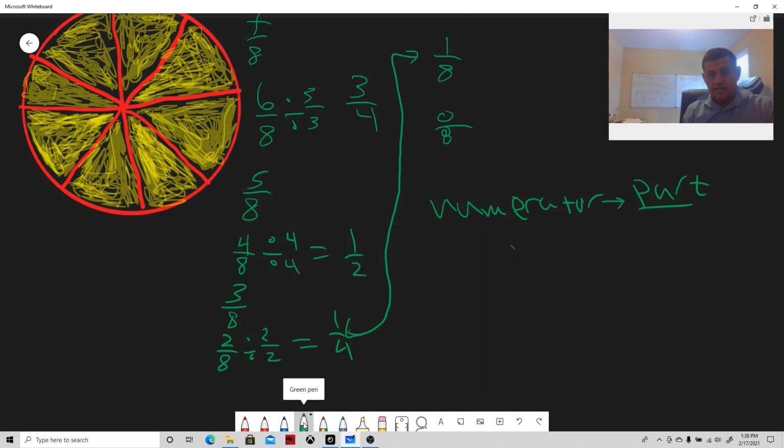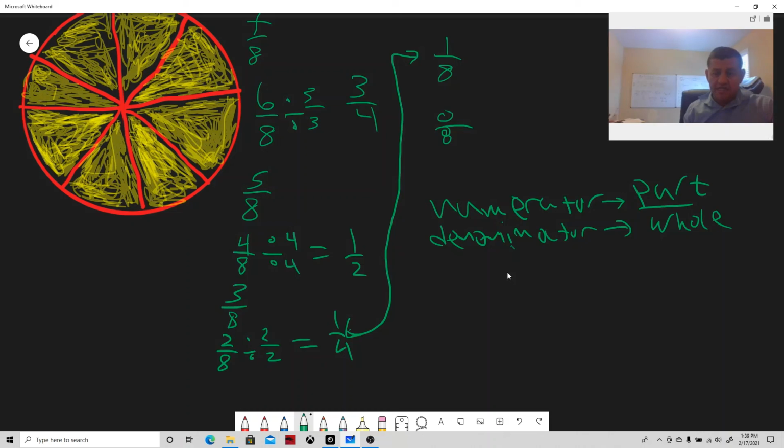And then this will be the denominator. This will be the whole. All right. So numerator and denominator, right?